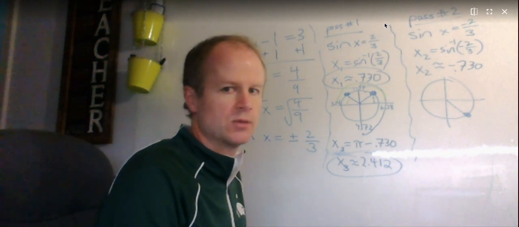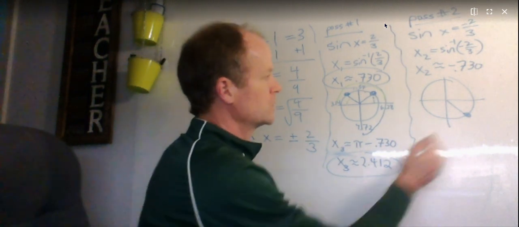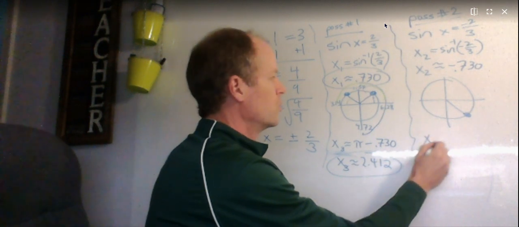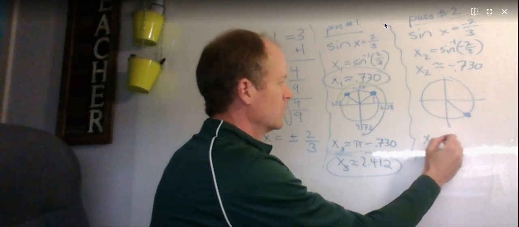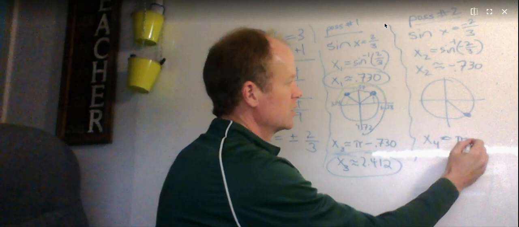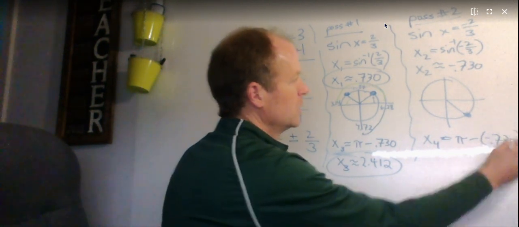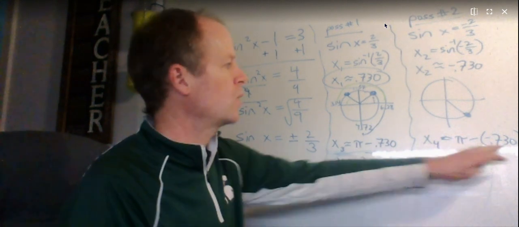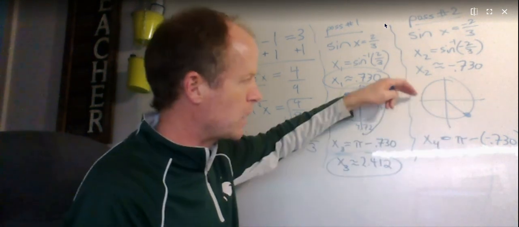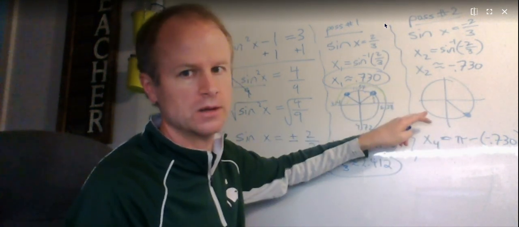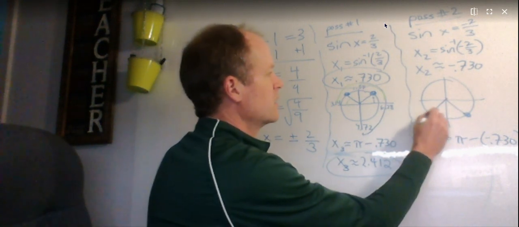But the first thing I'm going to do is apply that same rule. So x4 is about equal to pi take away the negative 0.730. And if I take away this, it's really like I'm doing pi plus that answer. So that's going to give me this other angle.